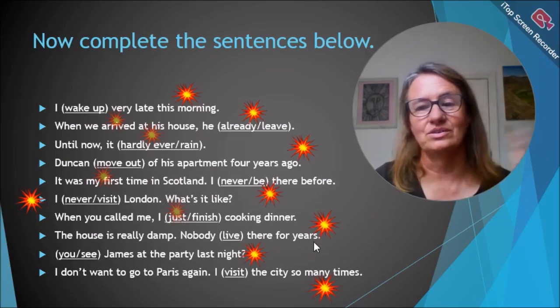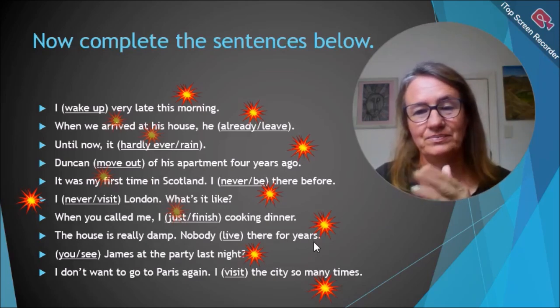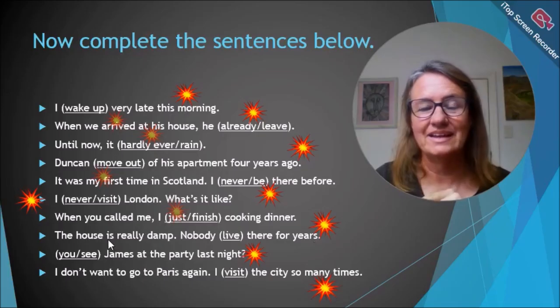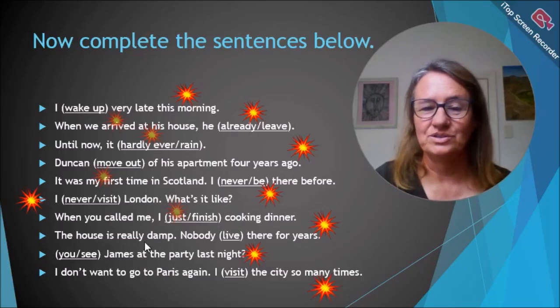It's telling us over a long period of time until now. So I hope you're thinking it already. The house is really damp. Nobody has lived there for years. Present perfect.